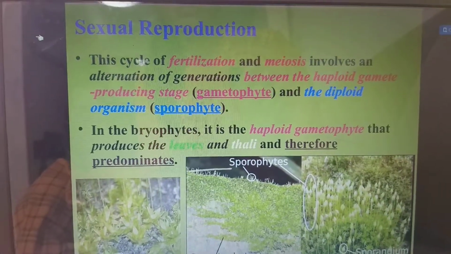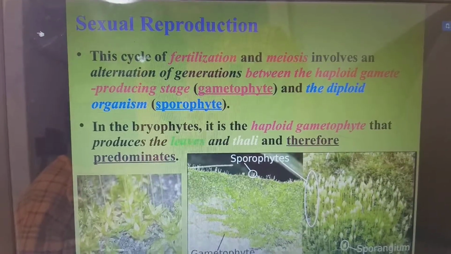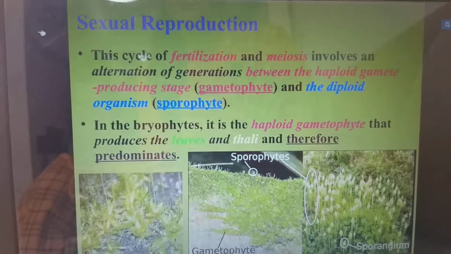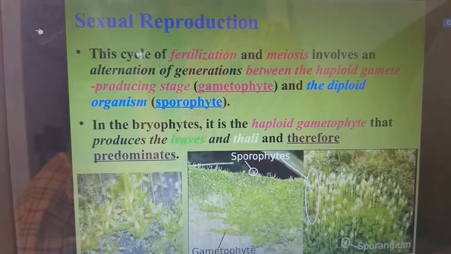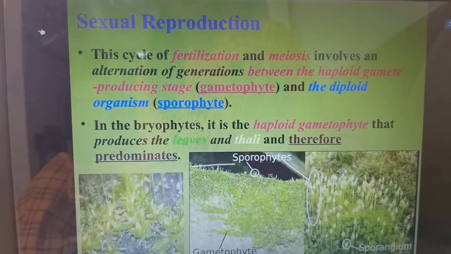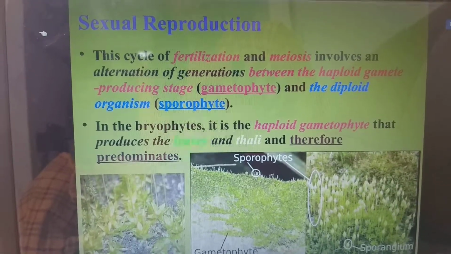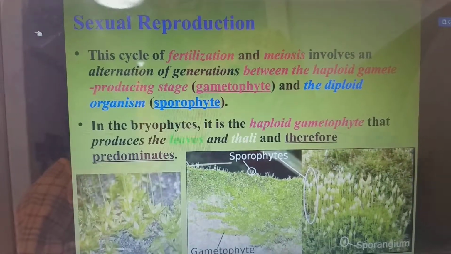Sexual reproduction. This cycle of fertilization and meiosis involves the alternation of generations between the haploid gamete producing stage, that means the gametophyte, and the diploid organism, nothing but the sporophyte. In the bryophytes, it is the haploid gametophyte that produces the leaves and thalli and therefore predominates.